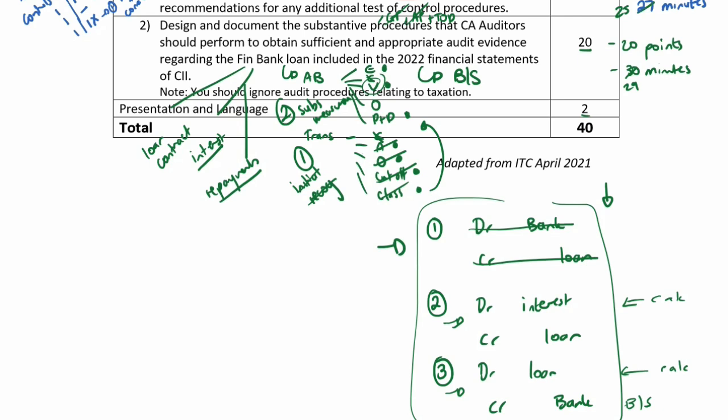And I can continue with the rest of my account balance assertions, existence, presentation, disclosures. Okay, so let's go and test the interest calculation. Test the interest rate. Test the repayment calculation. Trace it through the bank statement.